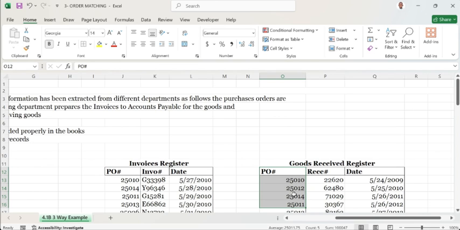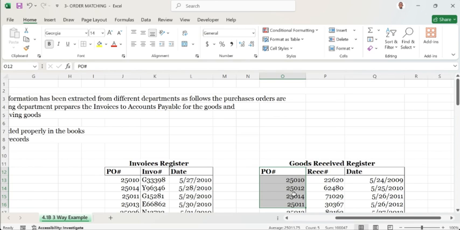For example, if you want to make purchases, you raise what you call a purchase order. Once you raise the purchase order, you issue it to the supplier. The supplier will deliver the goods, and once he delivers the goods, he comes with what you call the goods delivery note.